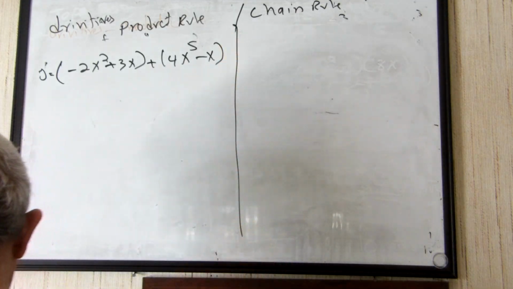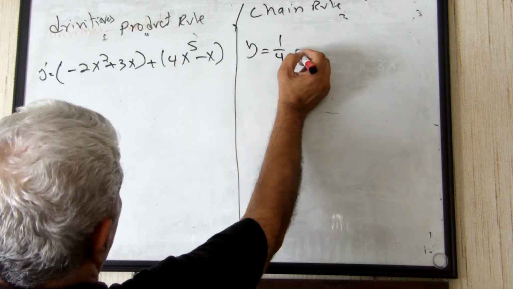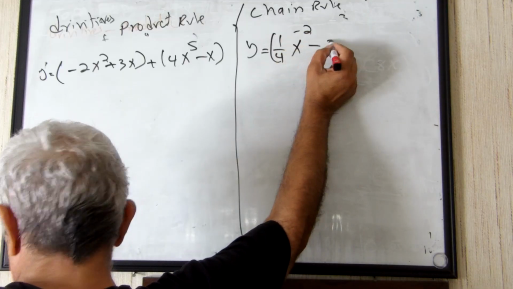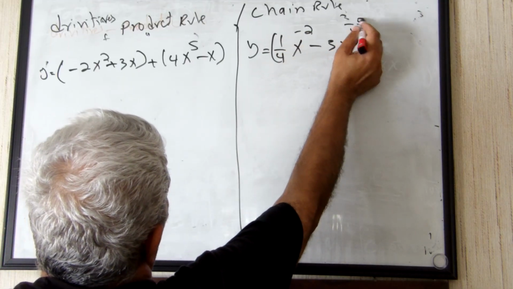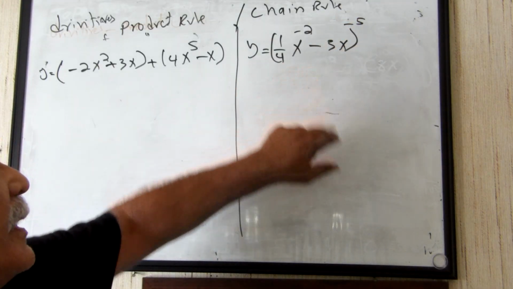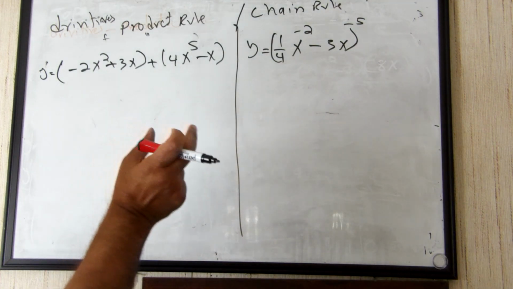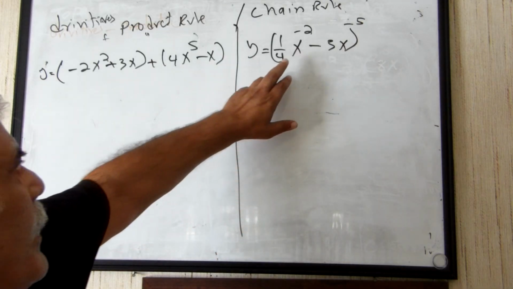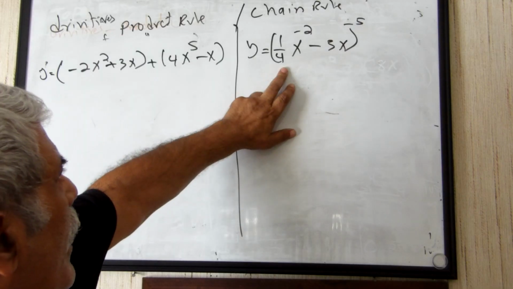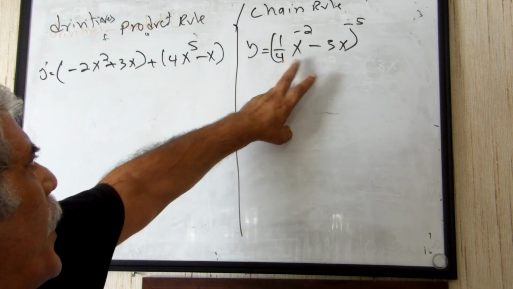The chain rule: y is equal to 1 over 4 times (x minus 2 parentheses minus 3x) to the power of minus 5. See, the chain rule, this has parentheses in there. Okay? If there are 2 parts, it's a binomial. There are 2 of them here, 2 parts.